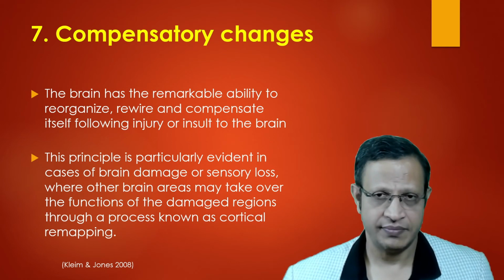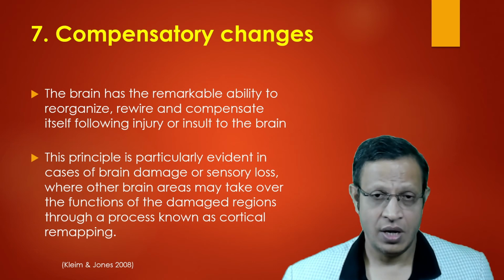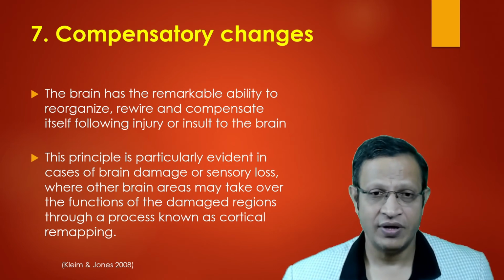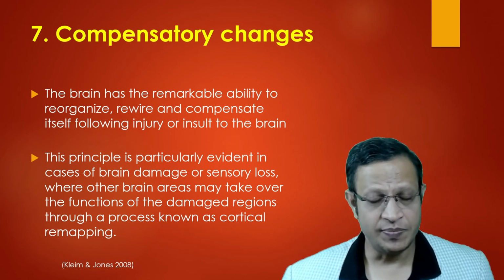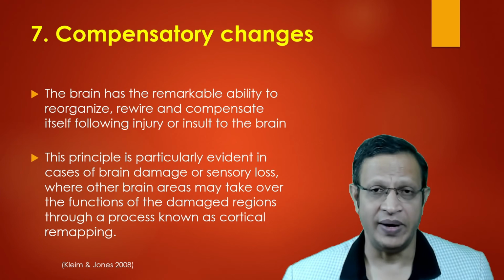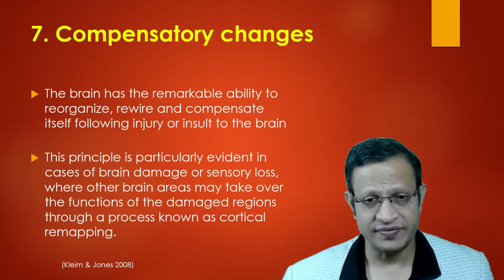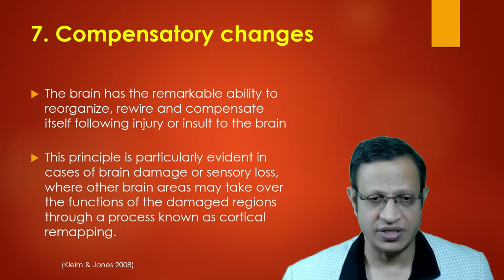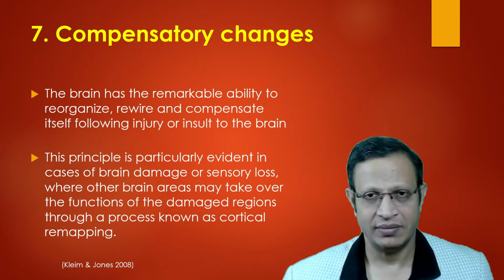Compensatory changes. The brain has the remarkable ability to reorganize, rewire, and compensate itself following an injury or insult to the brain. This principle is particularly evident in case of brain damage or sensory loss, where other parts of the brain may take over the functions of the damaged region through a process known as cortical remapping.